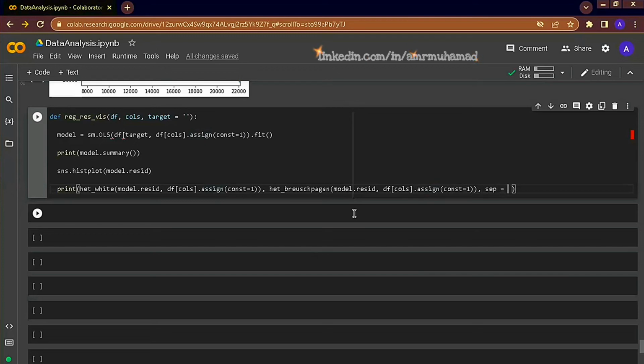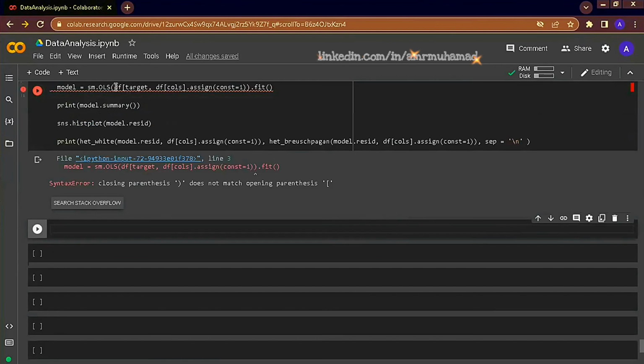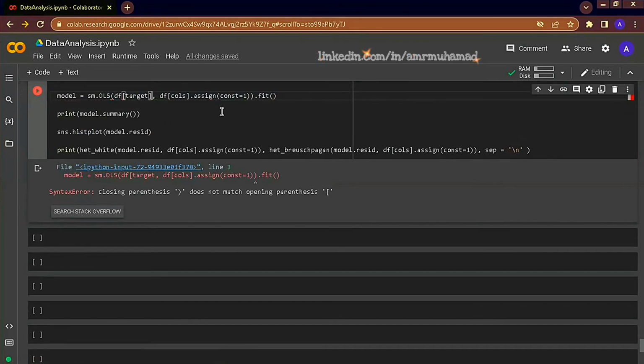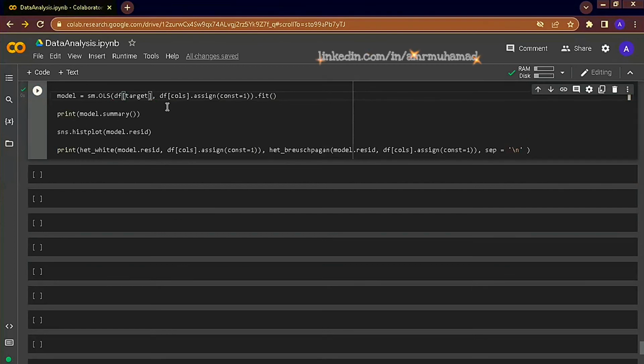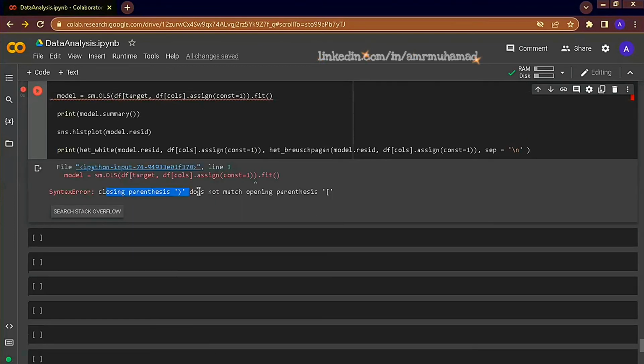And let's make the sep a new line. So sep new line means that it will print each on a different line. Now let's run this cell. Okay, target. The error just means that I've missed a square bracket.